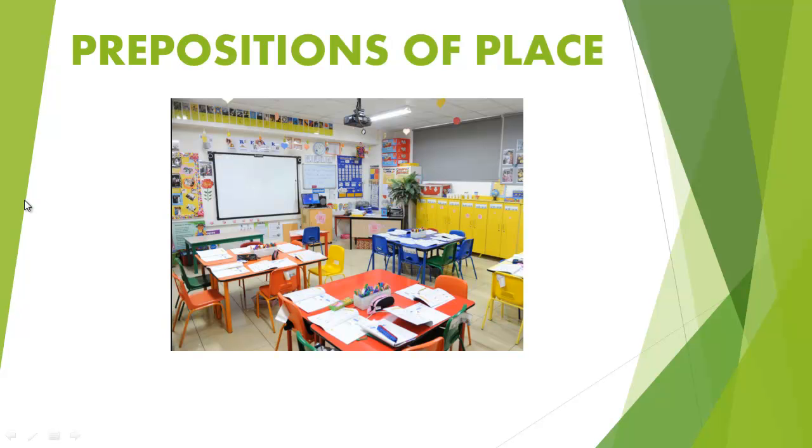So this is the classroom, and I want you to pay attention to certain information I'm going to give you. The yellow shirt is in front of the table. The green chair is behind the red table.